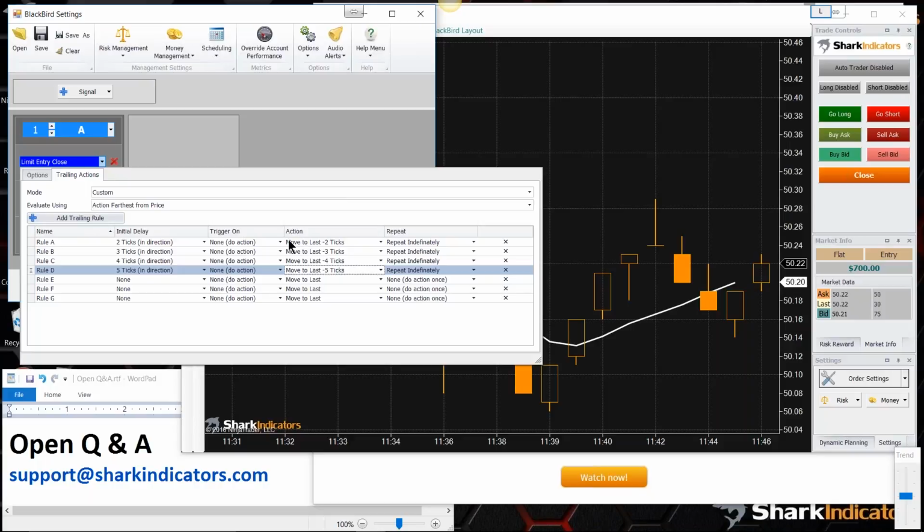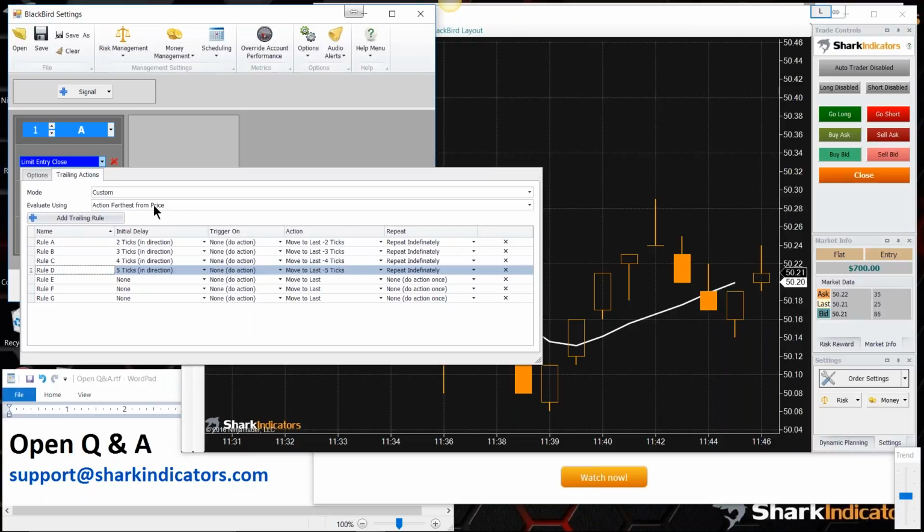If we move the order to the last price minus 2 ticks, rule A is going to move our limit order closest to price. Remember, last is where the current market price is at. If we're only 2 ticks away, that's going to be the closest to the last price. And rule D down here is going to be minus 5 ticks away, so rule D is going to be the furthest from where price is.